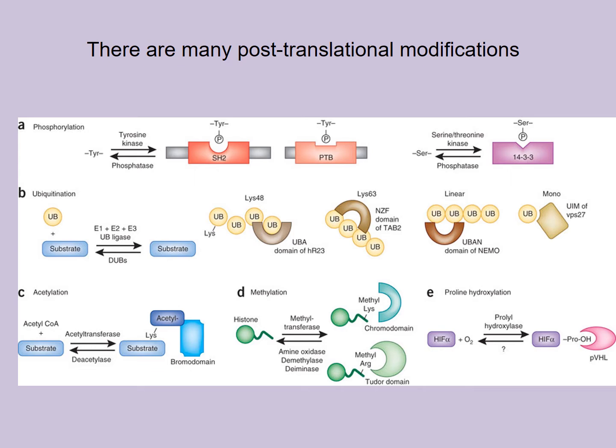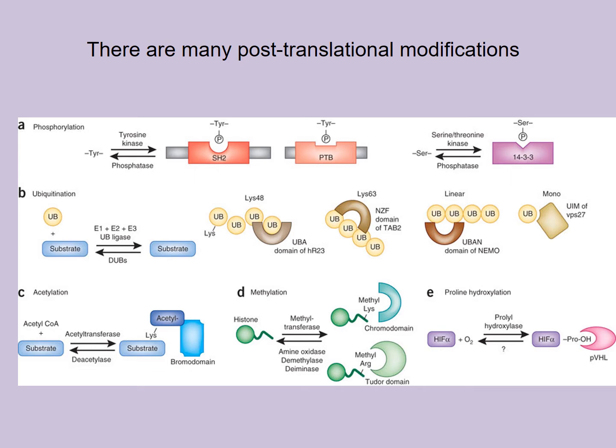It's ubiquitination. We know that ubiquitination can target the substrate for degradation, but it can also signal different things, and it's usually at the lysine residues. Depending on how many ubiquitin residues, it will determine what the effect of ubiquitination is going to be. We have acetylation and methylation. Both are best known as changes in the histones, because they can change how open your DNA is to be regulated for gene expression.